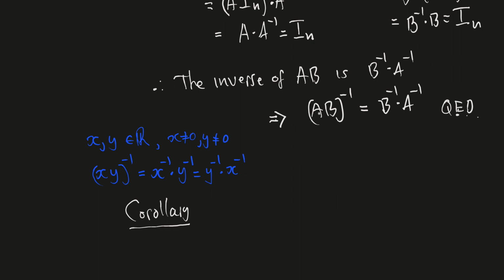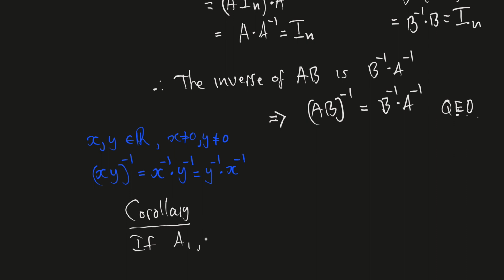For this theorem, we illustrated the proof with just two invertible matrices, let's say both n by n. This formula tells us how to find their inverse. But what if you had 3 invertible, or 4, or 5, or n invertible matrices? This is what the corollary says.